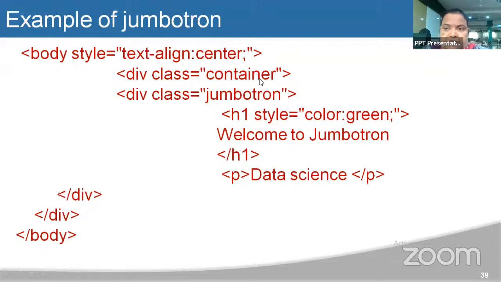This was discussed for the first class. Container is nothing but this can be fixed for any device, any screen, and then class equal to Jumbotron. When you use Jumbotron, it automatically displays a gray box. I am using an H1 tag here, with style color green. I want to write the text in green color.